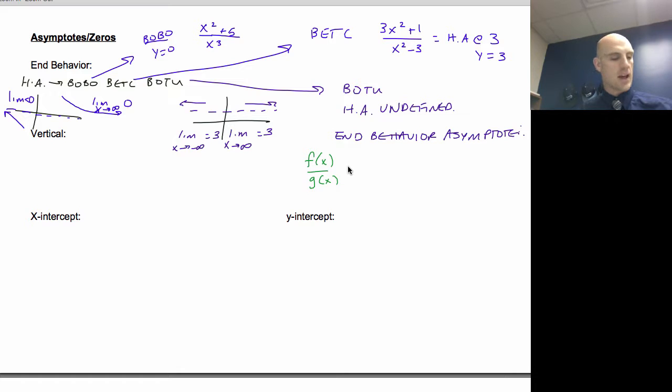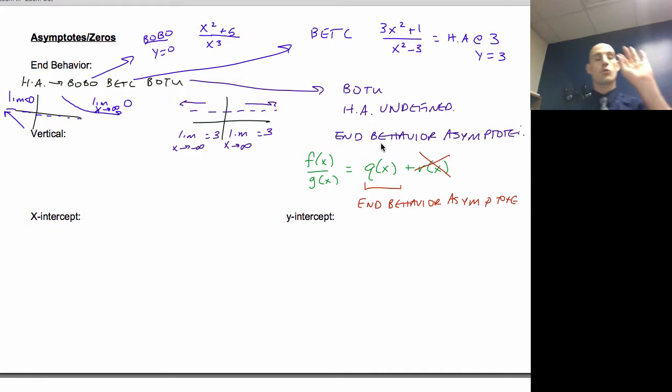Well, my end behavior asymptote looks like this. I divide and I get my quotient plus my remainder. This part here is my end behavior asymptote. Not the remainder. The quotient, what I get without the remainder, is the end behavior asymptote. Okay, so that's our new concept.